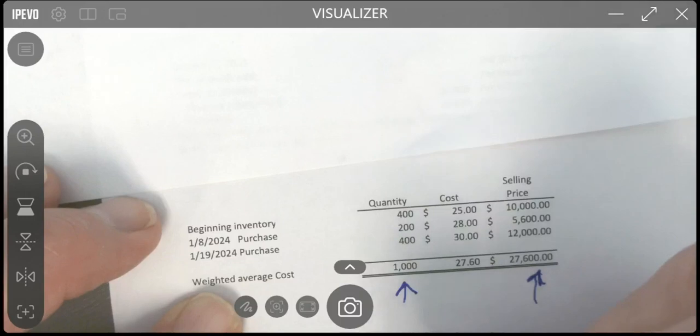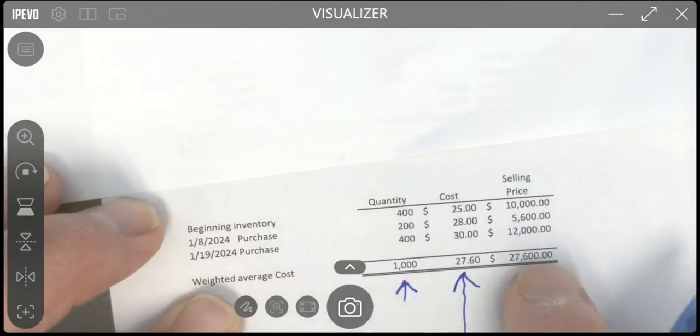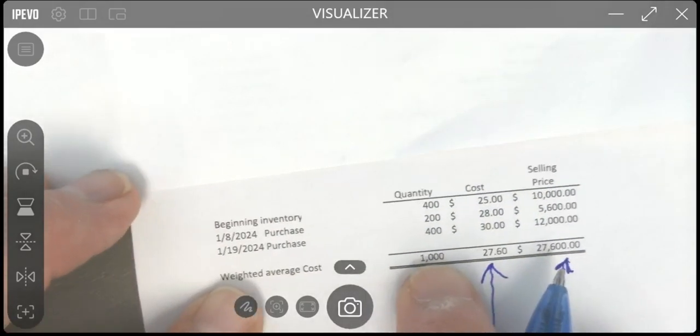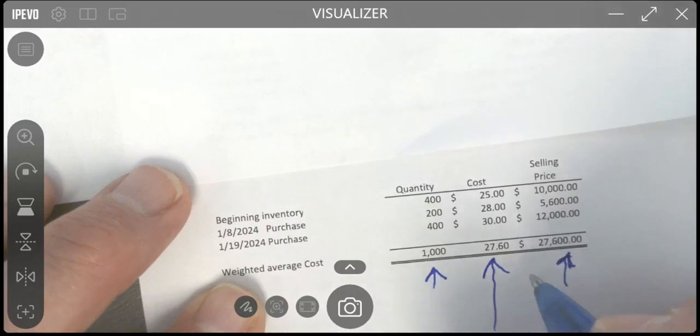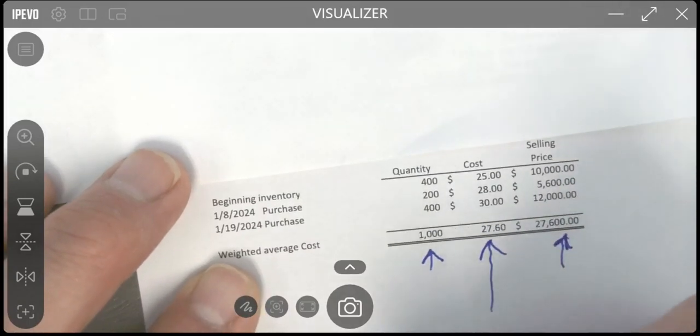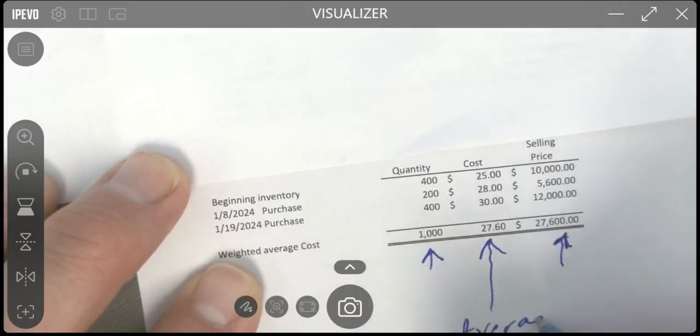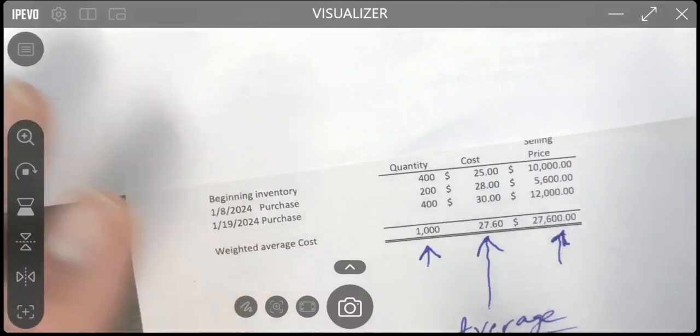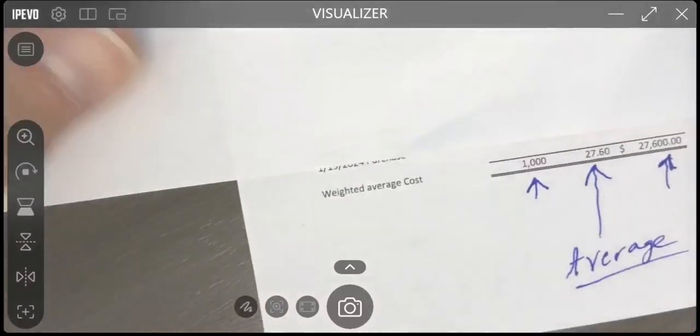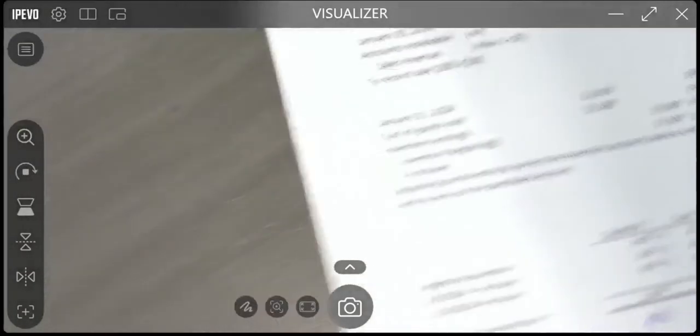And when you divide 27,600 by the 1,000 basketballs, you get an average cost of $27.60, and that makes the adjusting journal entry quite easy.